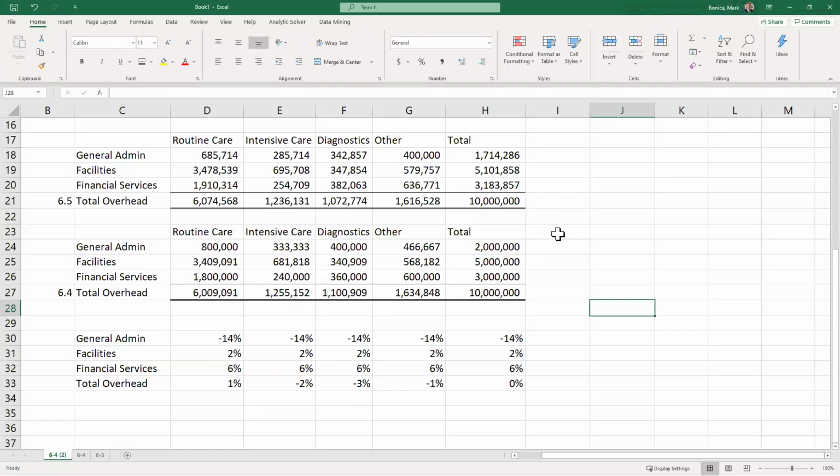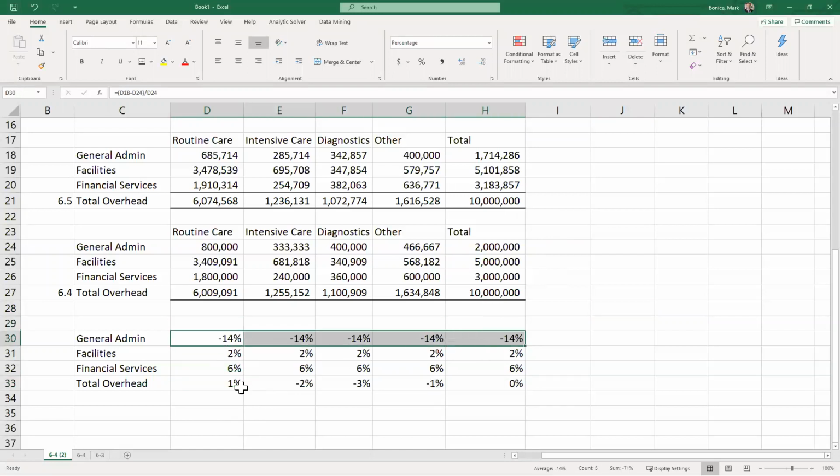In theory, it recognizes those relationships, but at the same time, we're capturing a relatively small overall shift, right? So ignore the 14% change in general admin because that just gets pushed down. The overall shift is relatively small. And of course, at the end of the day, the 10 million at the organization level doesn't change. 10 million is still 10 million.